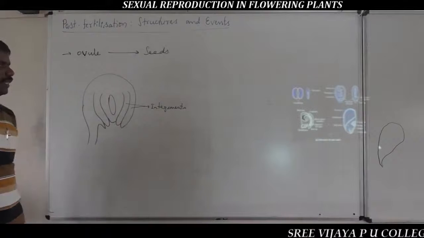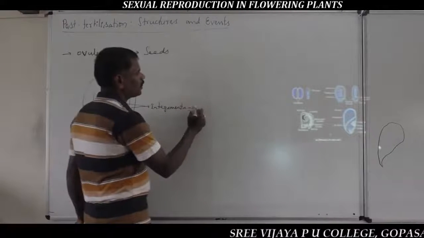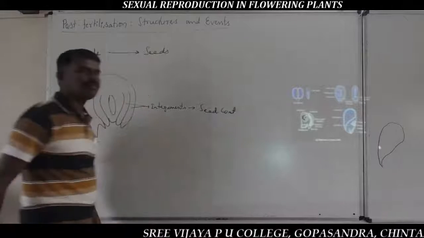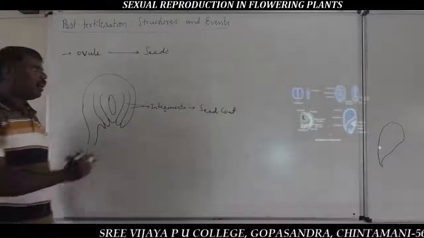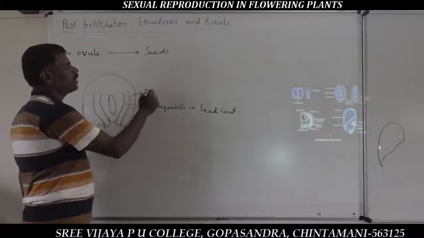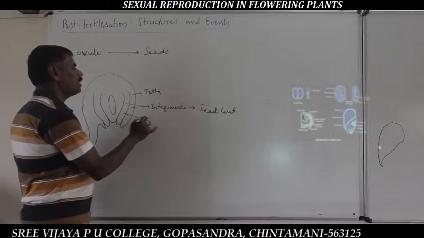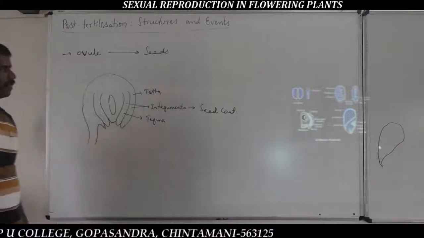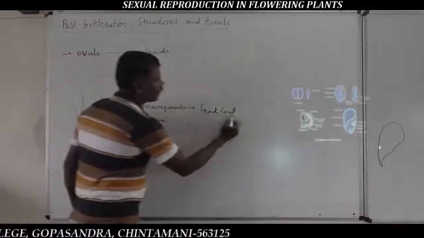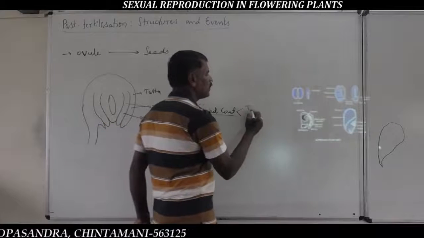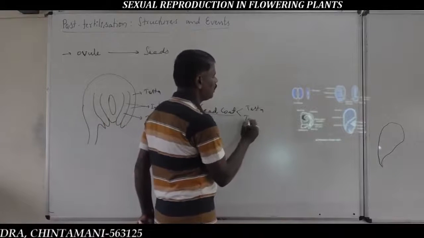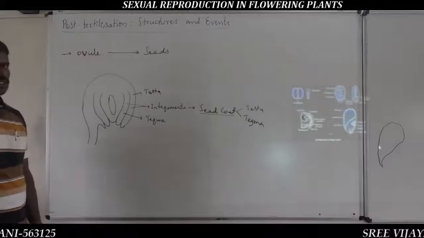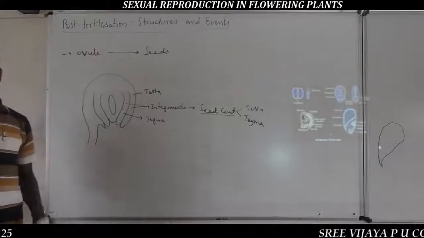These integuments of the ovule develop into the seed coat: the outer integument develops as the testa, the inner integument develops as the tegmen. So the seed coat consists of two layers, testa and tegmen, and it is easily differentiated.